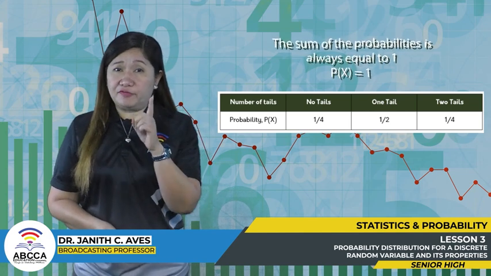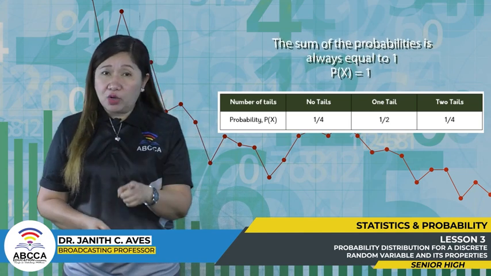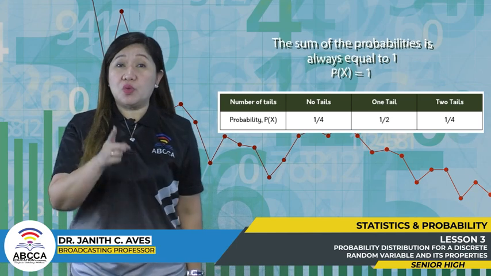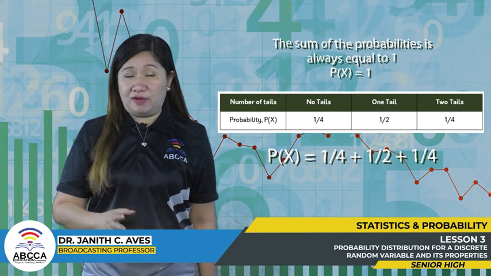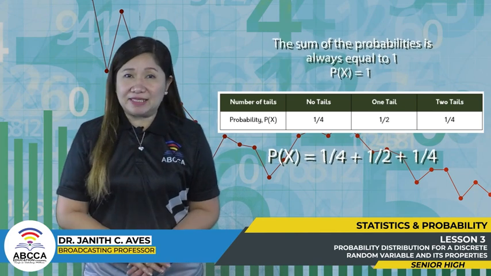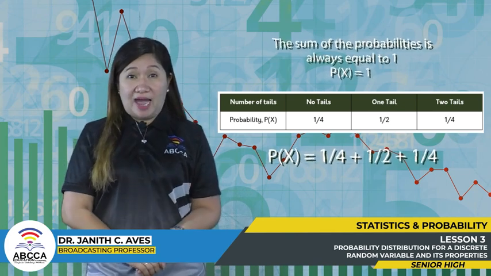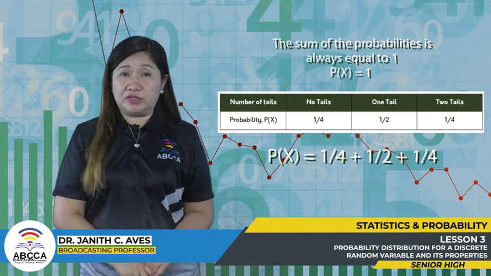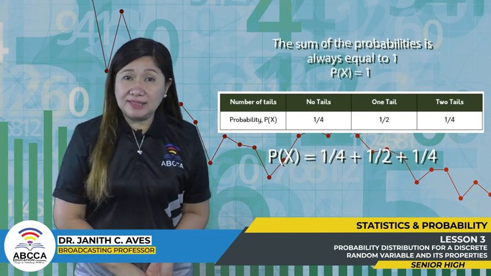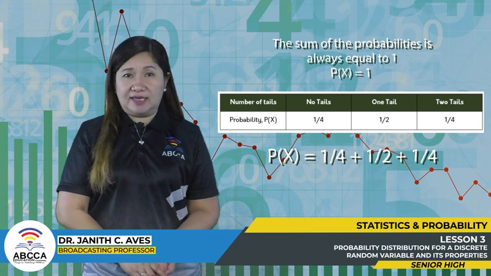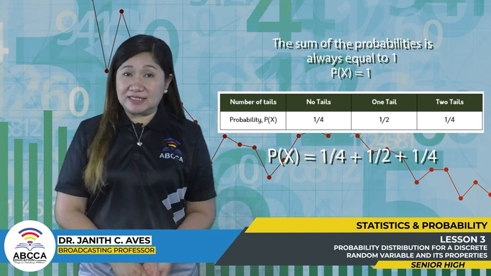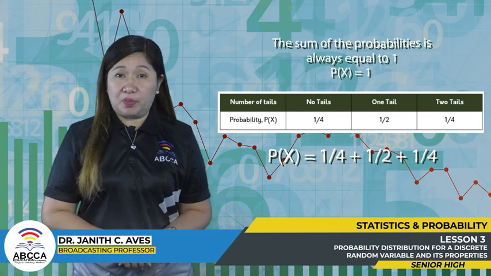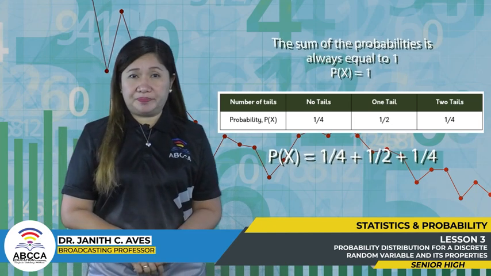The sum of the probabilities is always equal to 1. We have 1/4 plus 1/2 plus 1/4. Is that equal to 1? Yes, it is. Therefore, we can say that this is a discrete probability distribution.